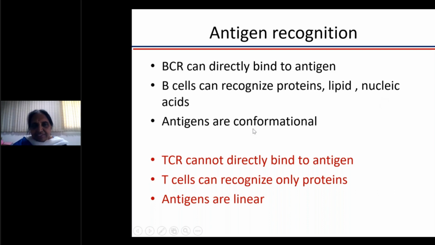And the B cell recognizes antigen in a 3D conformational way. In contrast, the T cell cannot directly bind to any antigen. It can only recognize proteins, and only very linear, short peptides of 10 to 11 amino acids. So there is a difference in recognition of antigen by B cell and T cell.